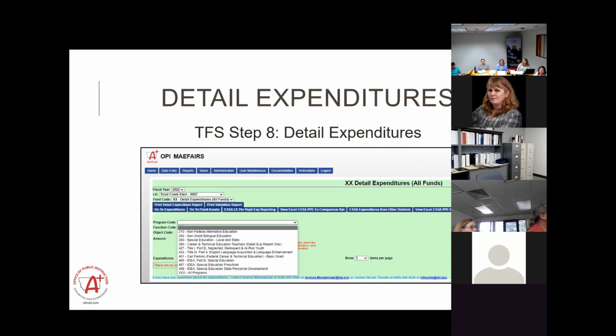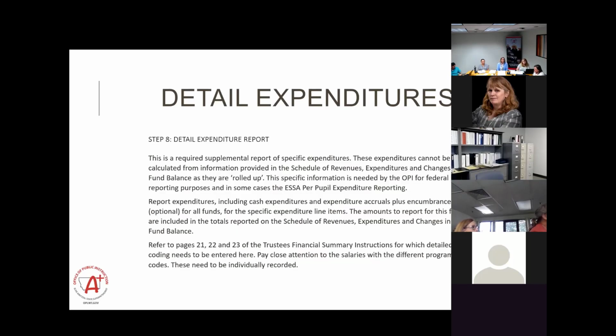Okay, you're going to enter in detailed expenditures for all funds. And you go down to the program code, and these are the specific program codes that you need to enter in. You just select whichever one you're starting with and enter in the amount. What else do I need to do on here? Okay.